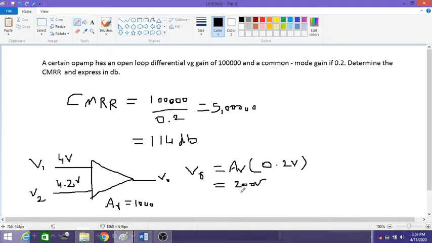So it means I'm supposed to get an output voltage of 200 volts because the open loop voltage gain here is 1000. But practically I don't get this output voltage of V0 equal to 200. Since it is a positive voltage, I'll get a maximum of the positive reference voltage I have connected across this reference point here.